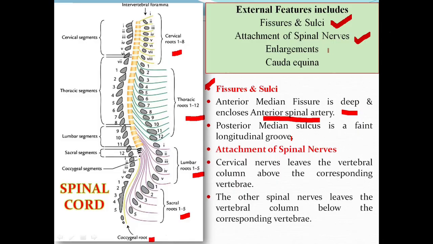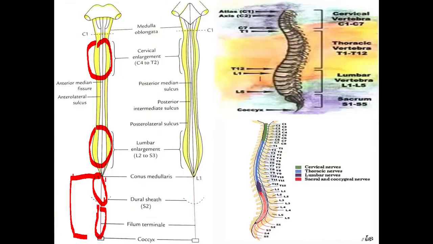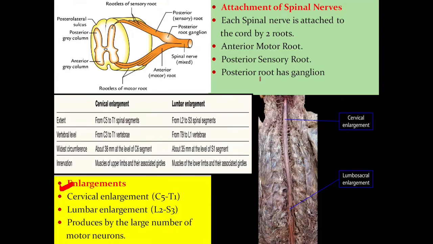Then we spoke about the cervical enlargement and the lumbar enlargement, which forms the lumbar plexus lower down, and higher up forms the brachial plexus. And then we spoke about the Cauda equina. From the L1 level, it descends as the Filum terminale. On either side of the Filum terminale, the group of nerves is called the Cauda equina. So these are some external features which we studied up till now.